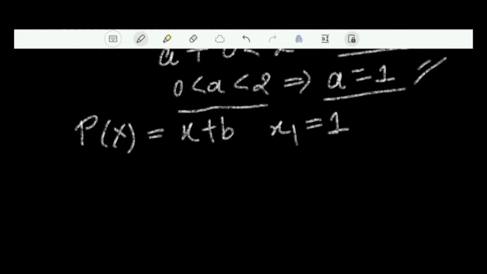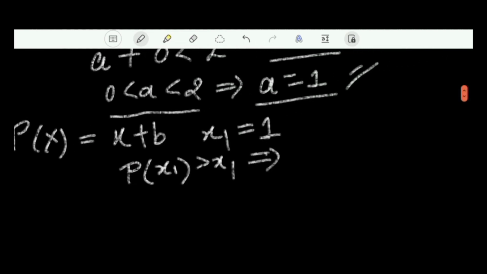So it means P of x1 is greater than x1, which is the same as P of 1 is greater than 1.